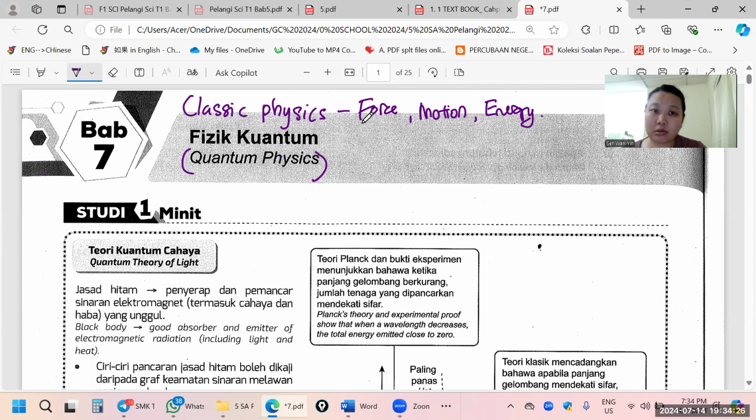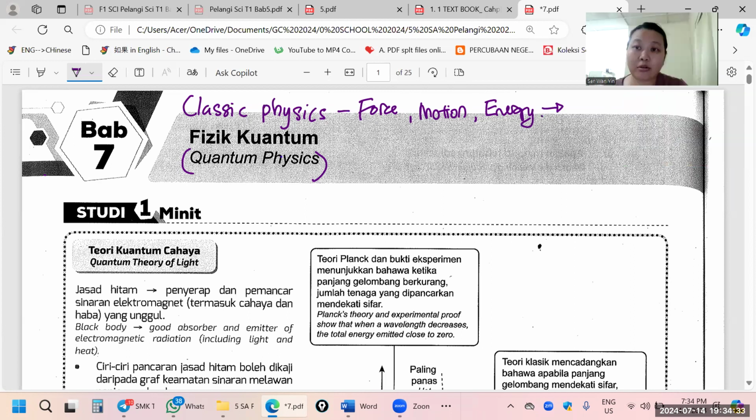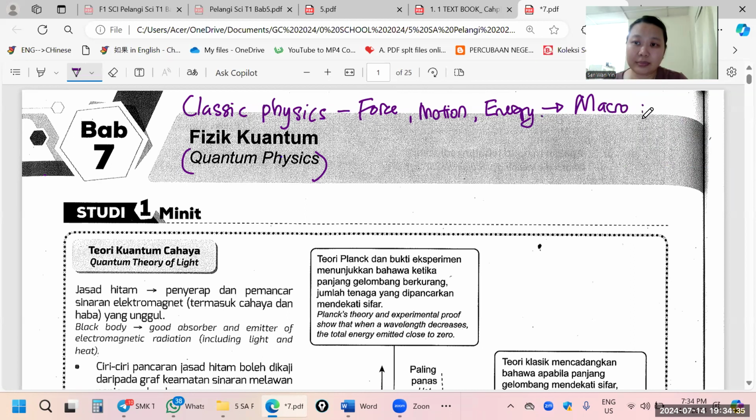Okay, so we also call it macro physics. So that means outside of the molecule, a little bit touching the simple molecule.